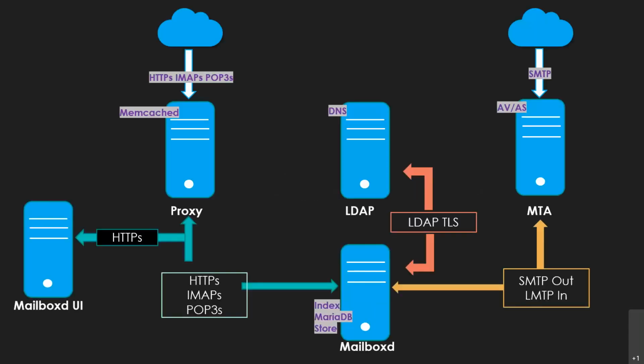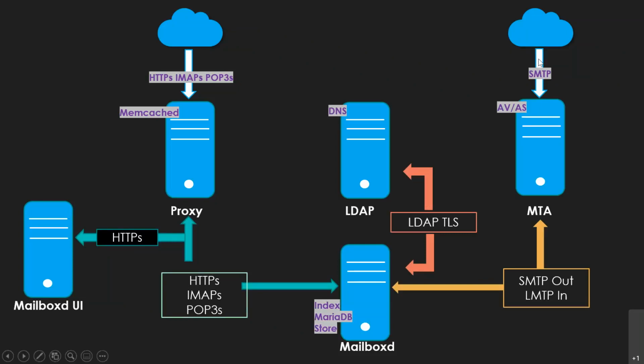So today we'll discuss Zimbra. This is the basic architecture of Zimbra. First, we will start with SMTP. When someone sends an email to Zimbra, through the internet that email first hits the MTA through the SMTP protocol.